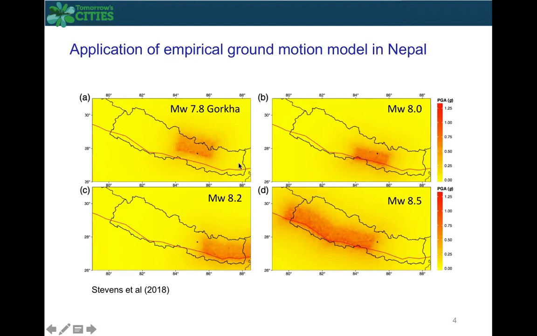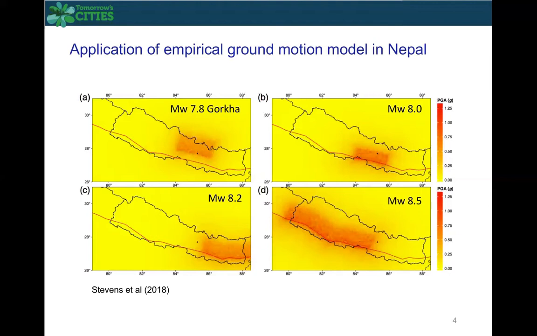However, we know from the Gorkha event and so many other events throughout the seismic locations globally that specific characteristics of the site and also specific characteristics of the rupture propagation in terms of directivity, hypocentral location, and the bilateral and unilateral rupture propagation could significantly affect the observed ground motions.